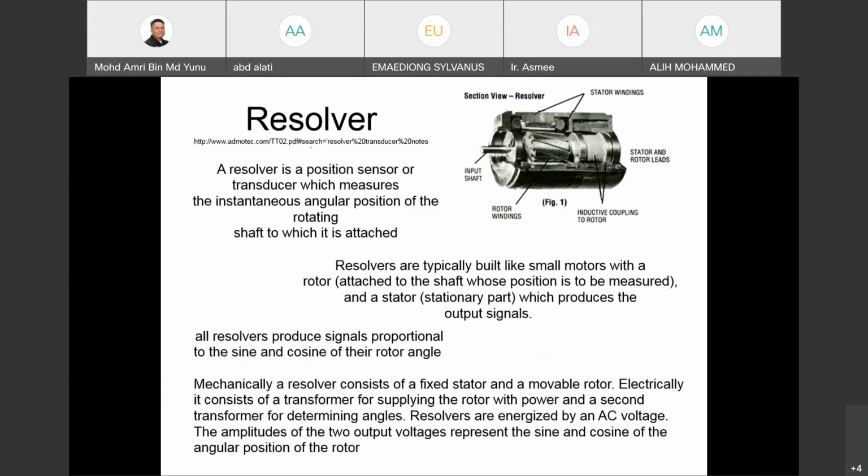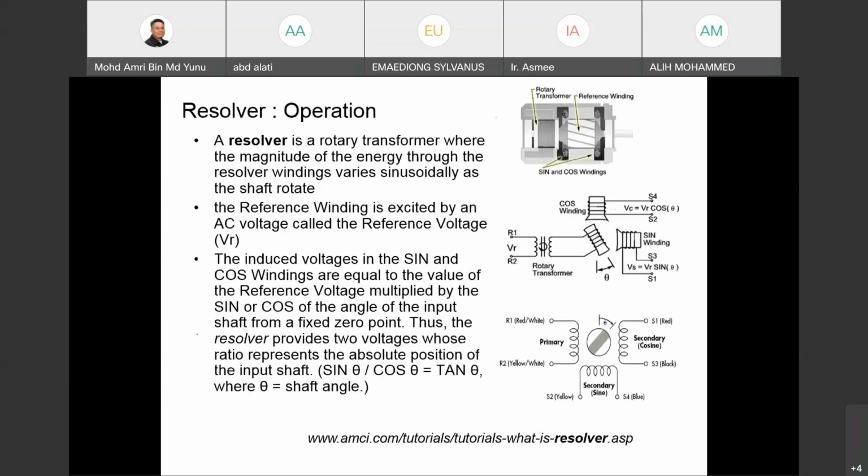Okay, I'm going to skip this. This is the application, which basically depends on the output of the secondary, two parts of the secondary.